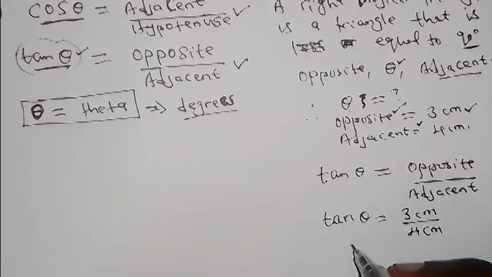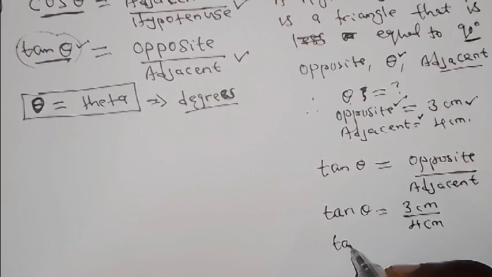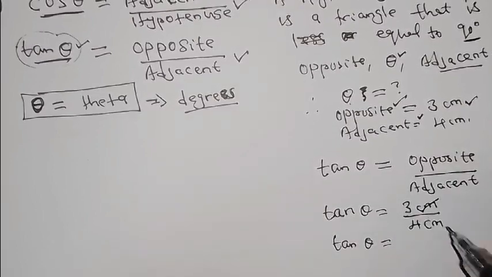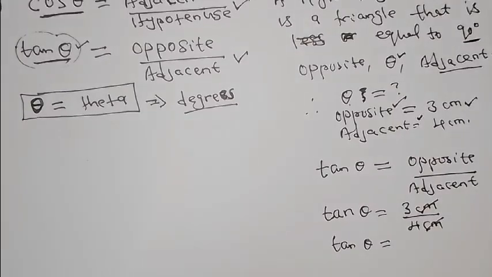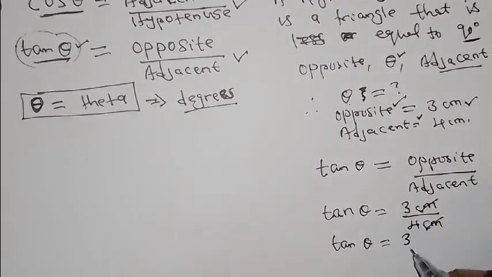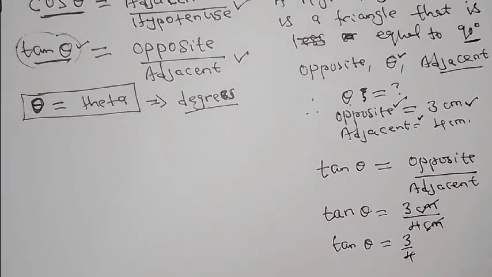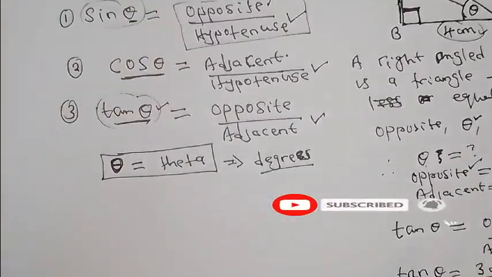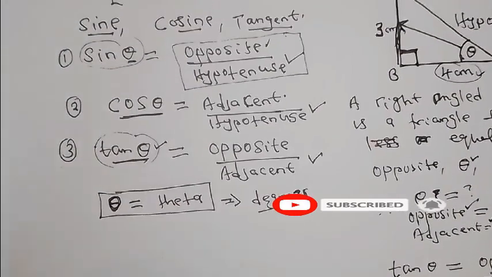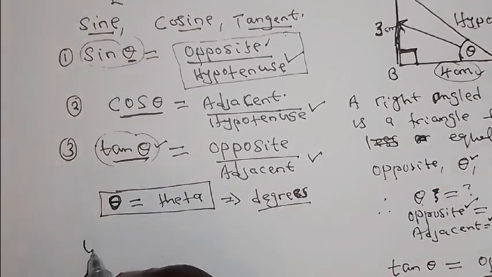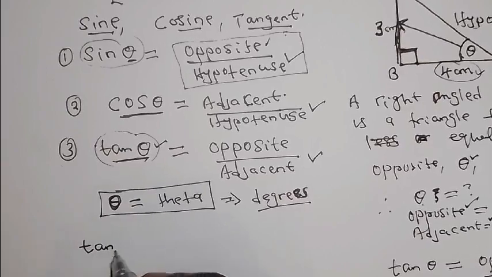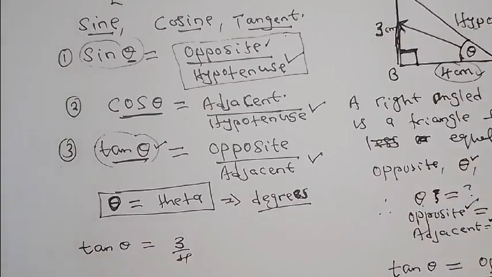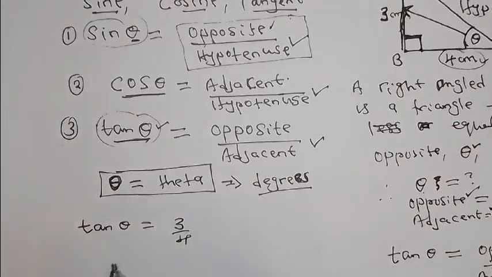So tan theta is equal to 3 over 4. Now I'm just going to write here. Meaning tan theta is now 3 over 4.